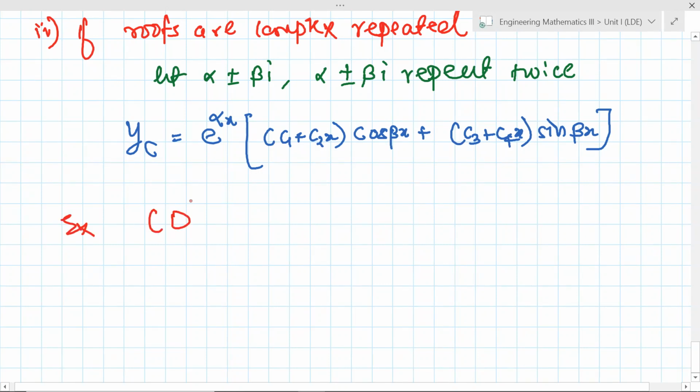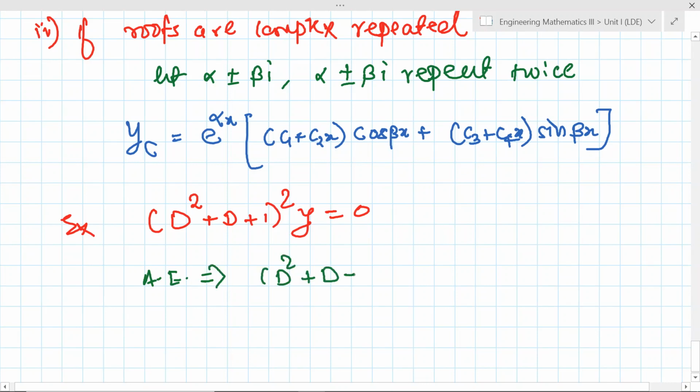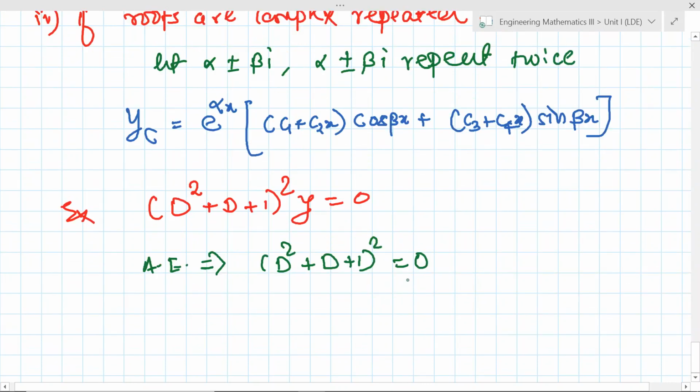What is the complementary function for this: (D square plus D plus 1) bracket square into y equal to 0. As it is a bracket square, what is my auxiliary equation here? My auxiliary equation is (D square plus D plus 1) bracket square equal to 0. So what does it mean?